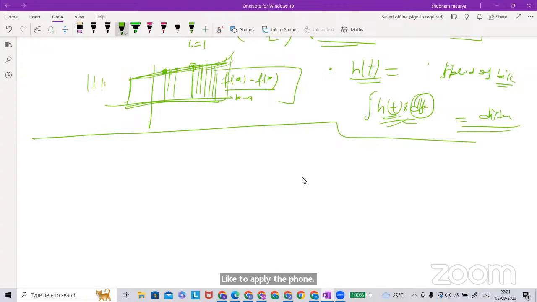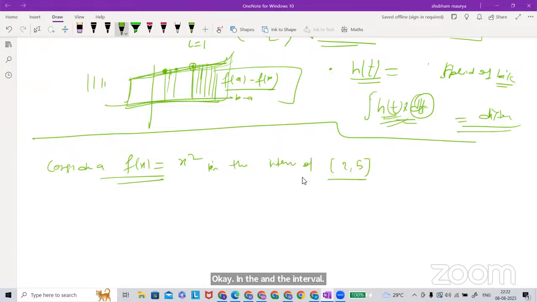Suppose you have a function f(x), a simple one, x squared, and suppose the question is like this: consider a function f(x) in the interval 2 to 5.